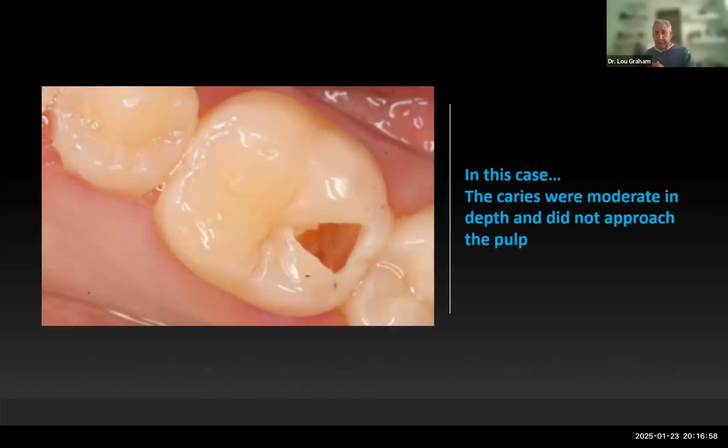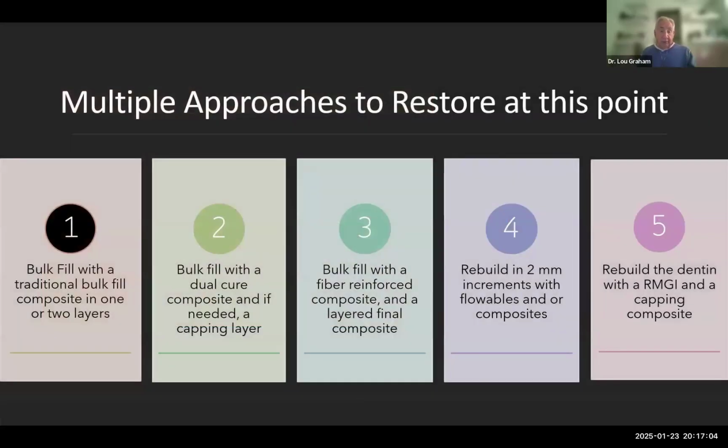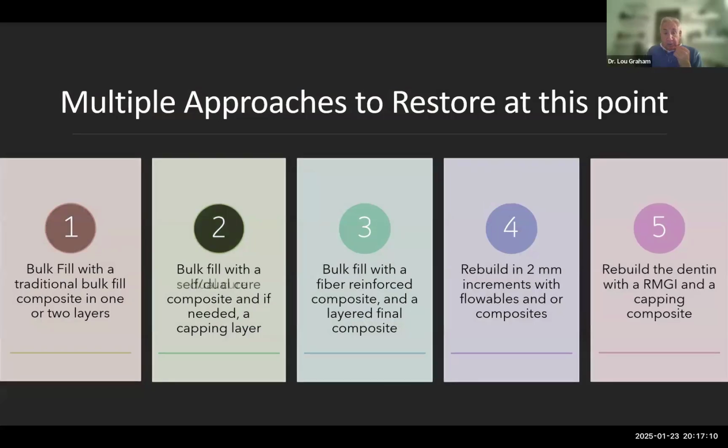So in this case, the caries were moderate in depth, and I didn't approach the pulp. So here are the options for restoring this patient. You could do a bulk fill with a dual cure or self-cure composite and a capping layer.